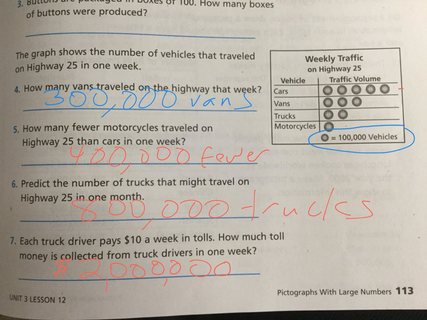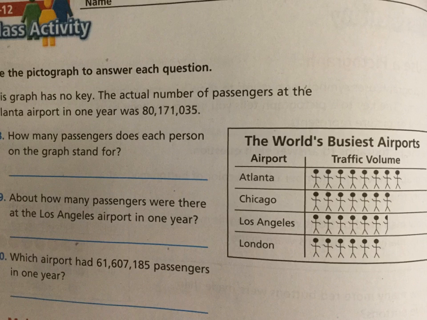All right, now we're going to turn the page to page 114. Okay, again, this graph has no key. The actual number of passengers at the Atlanta Airport in 1 year was 80,171,035. So we are going to be figuring out the key.